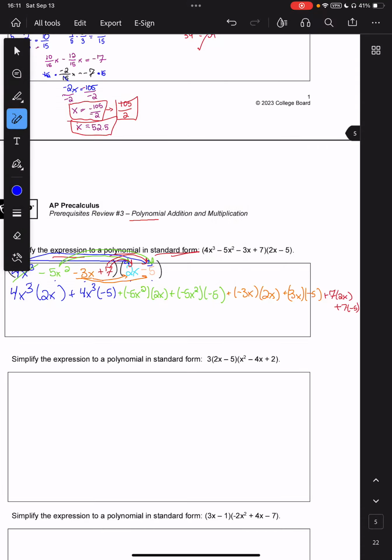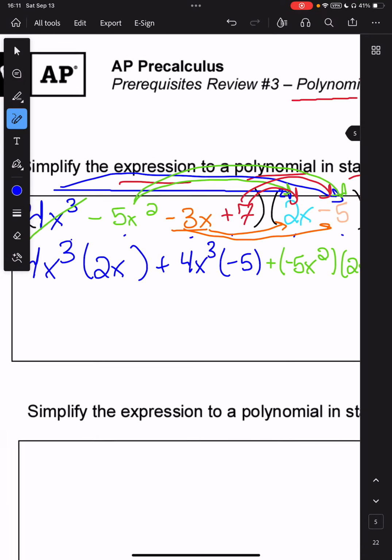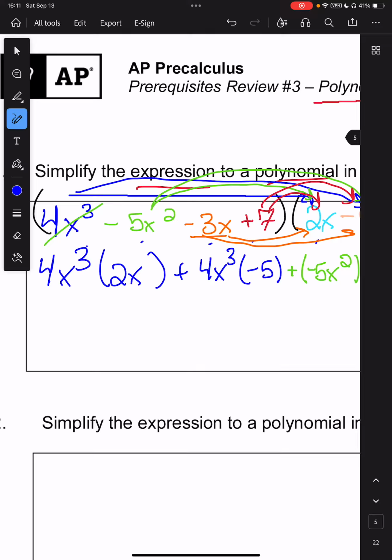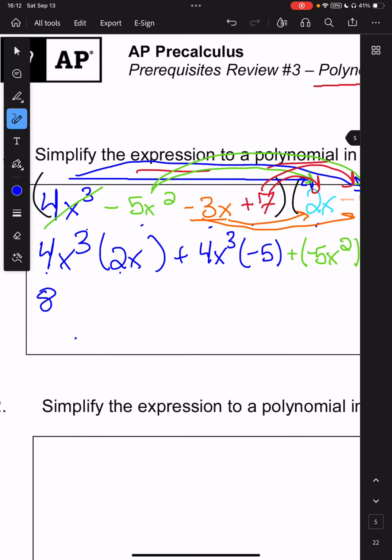Our blue reduces to, well, 4x cubed times 2x. Let's start by multiplying the numbers. 4 times 2 is 8. And then remember, when we're multiplying our x values together, let's do a quick side note. X cubed is actually just x times x times x.